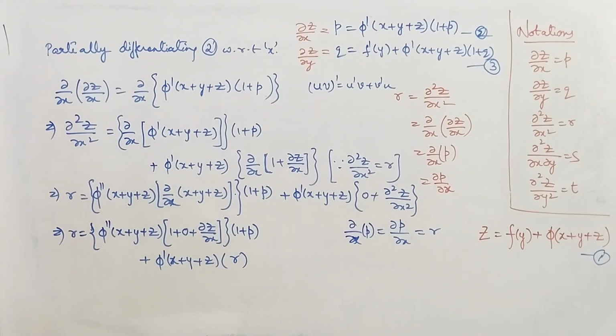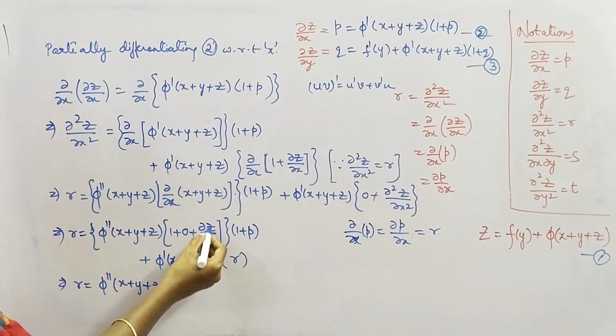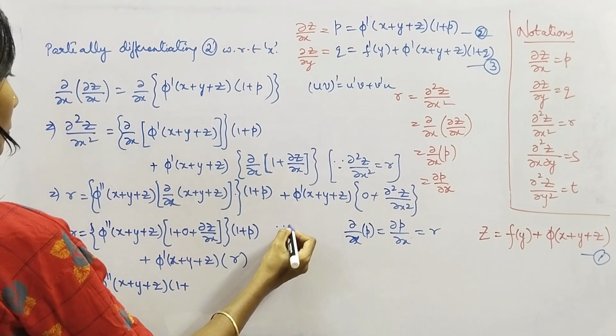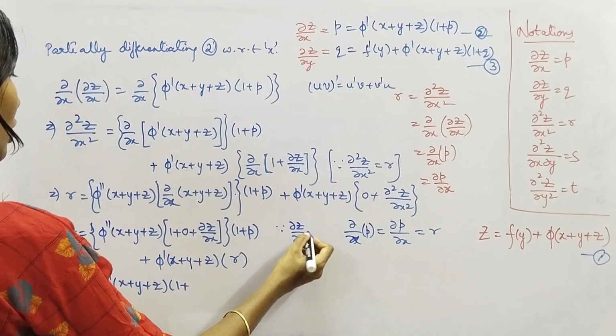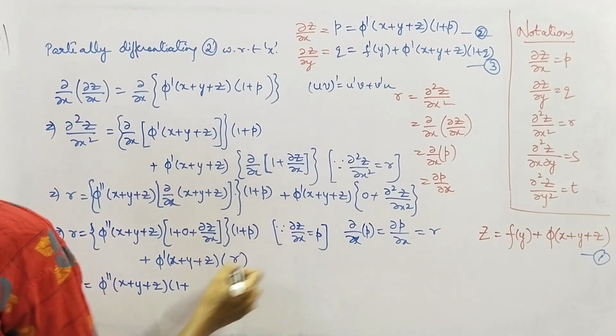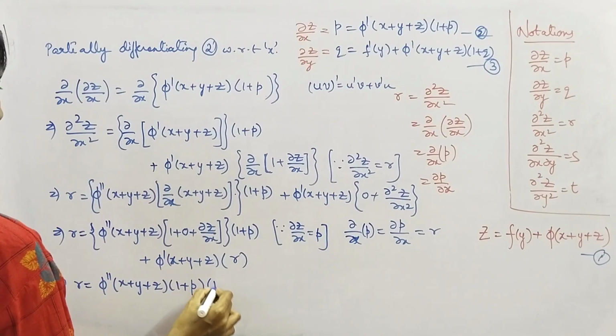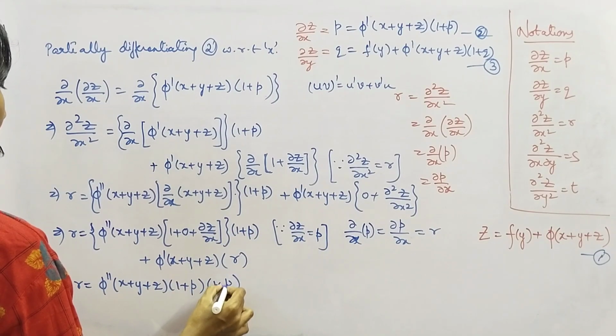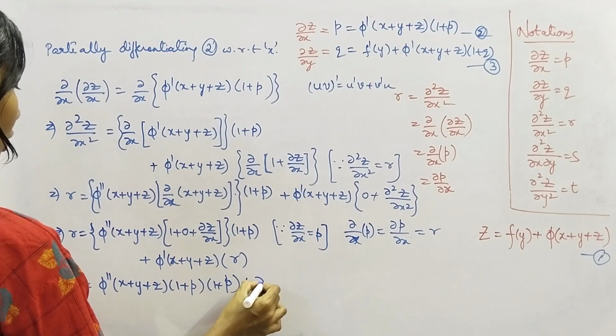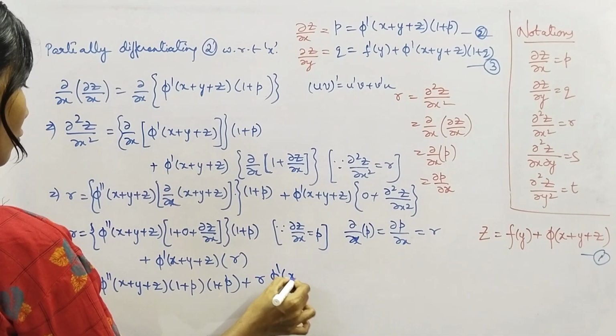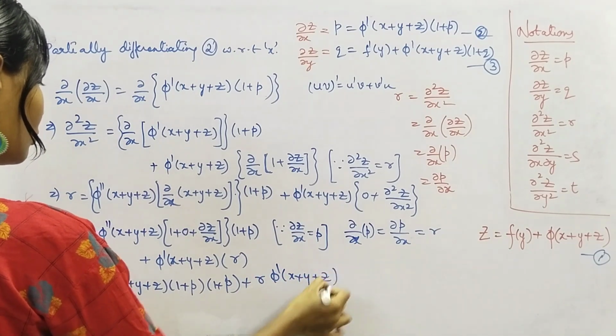Fine. Now this gives us r equal to phi double dash of x plus y plus z into 1 plus dou z by dou x, can be replaced by p, since we have a notation. So we'll use that notation, into 1 plus p plus r into phi dash of x plus y plus z.